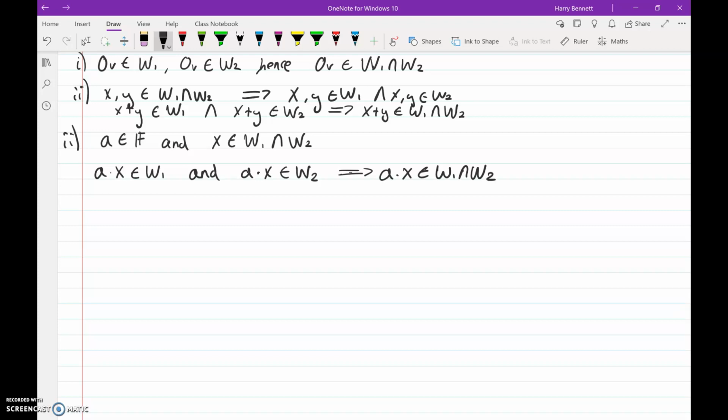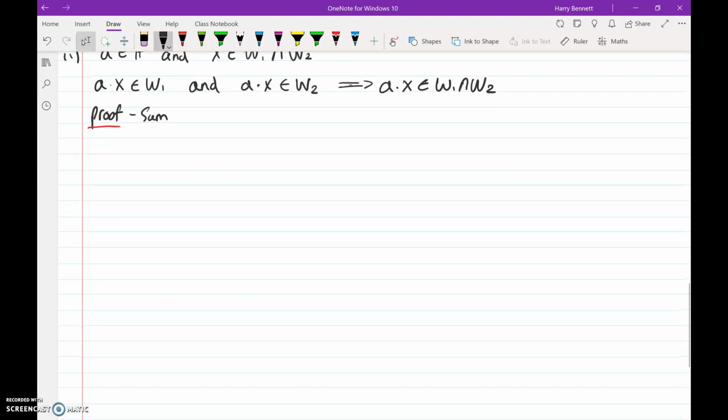Secondly, this is now the proof of the sum. We have to prove that the sum of subspaces is also a subspace. So firstly, we know that the zero vector is in... Actually, before I go over the addition, it's a good thing I give the definition of what I mean by the addition.